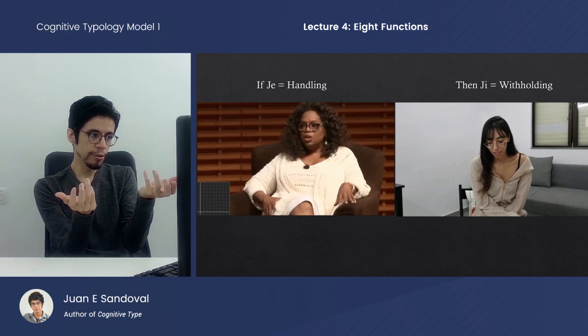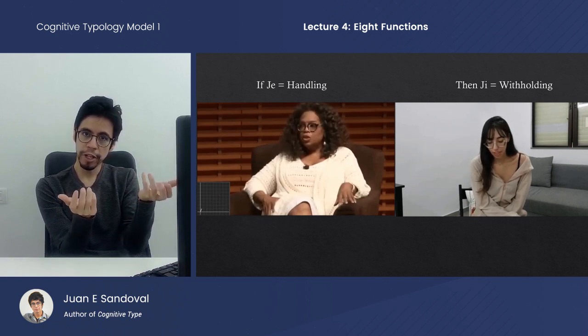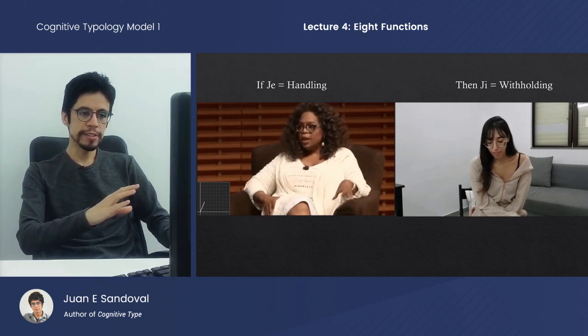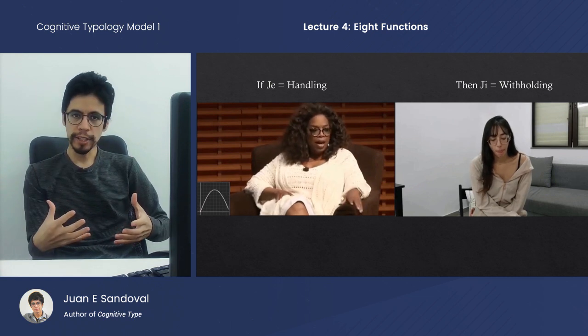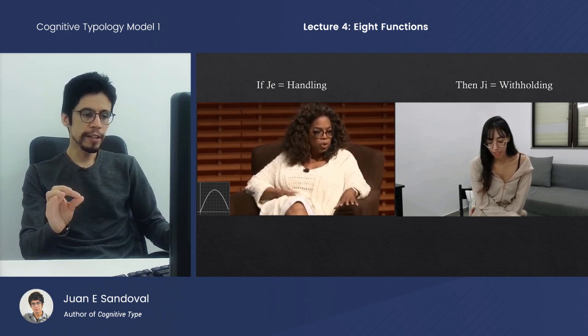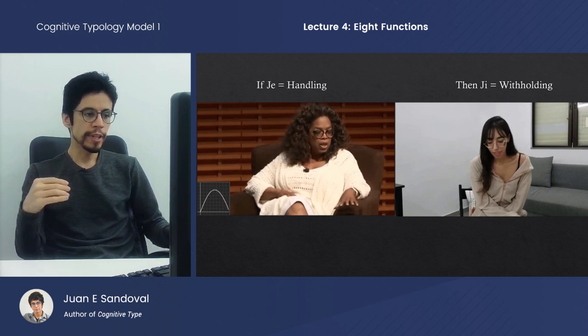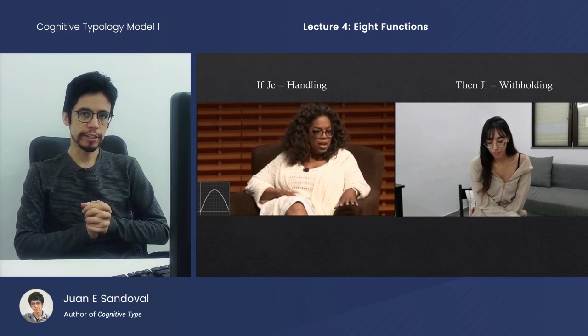So you can predict what kind of JI a person will have by what kind of JE they have, and vice versa. So for example here, if it happens to be that a person's JE has a warm, handling quality to it, it will also follow that when they go into JI, their JI mode will have an emotionally neutralizing, withholding Vultology to it.